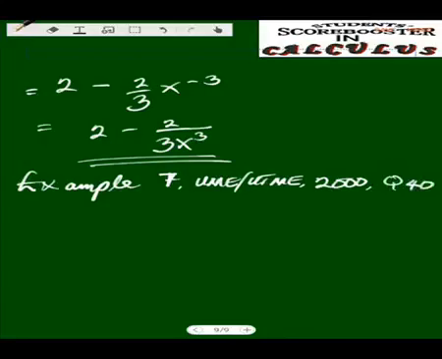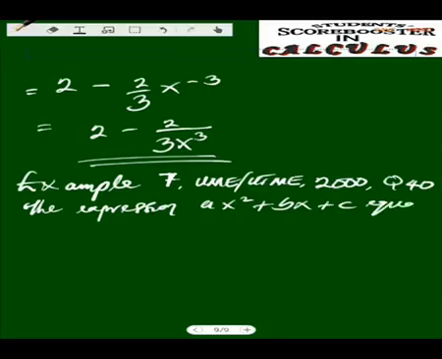So the question is, the expression ax squared plus bx plus c equals 5 at x equal to 1.